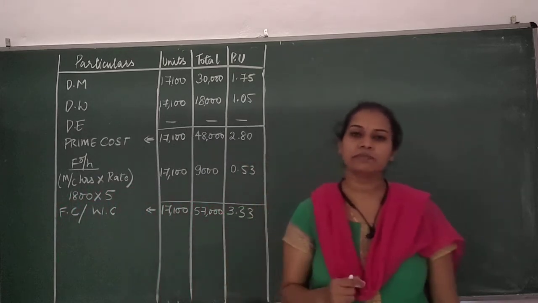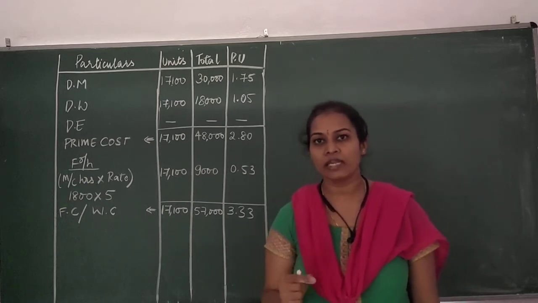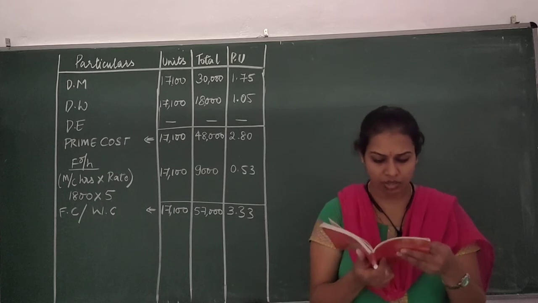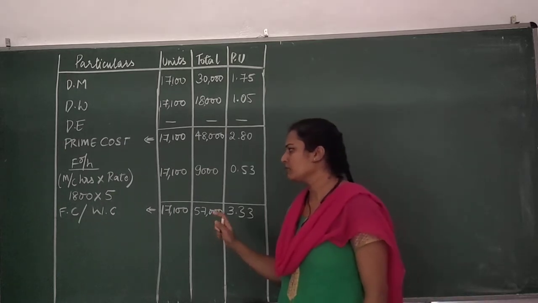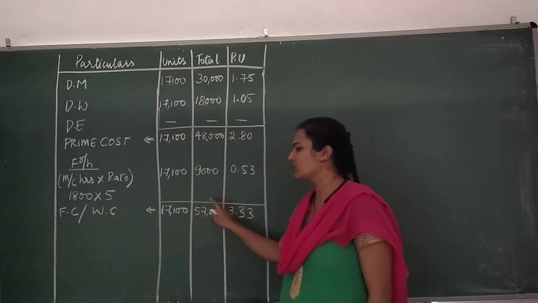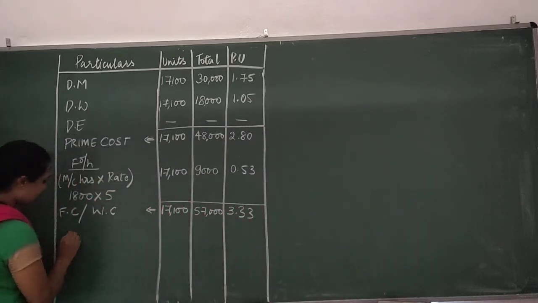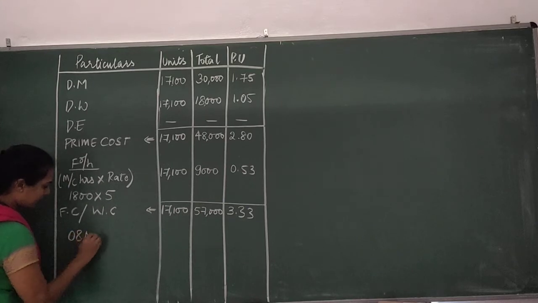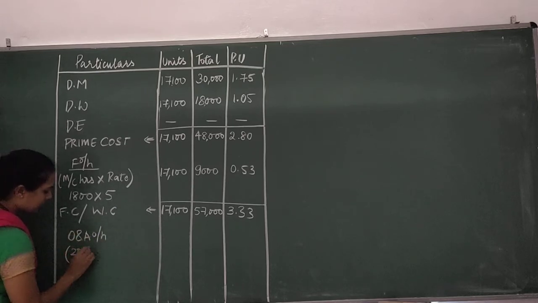Now, in this problem, they have told you administration overhead is 20% on works cost. 20% on works cost is nothing but 57,000. So, office and administration overhead, you will just write what they have given, 20% on works cost.